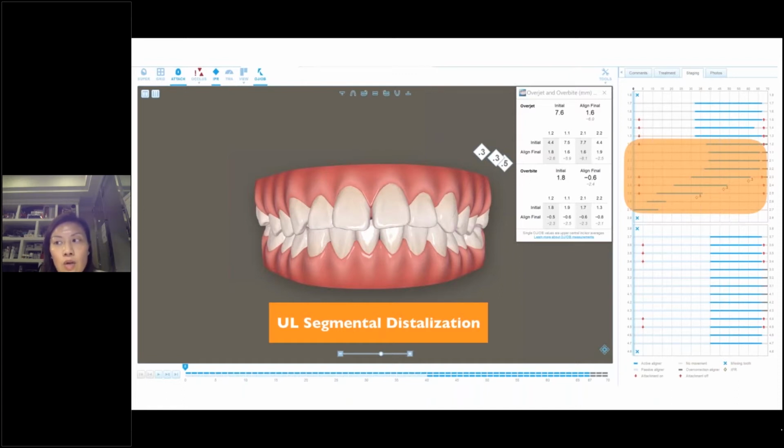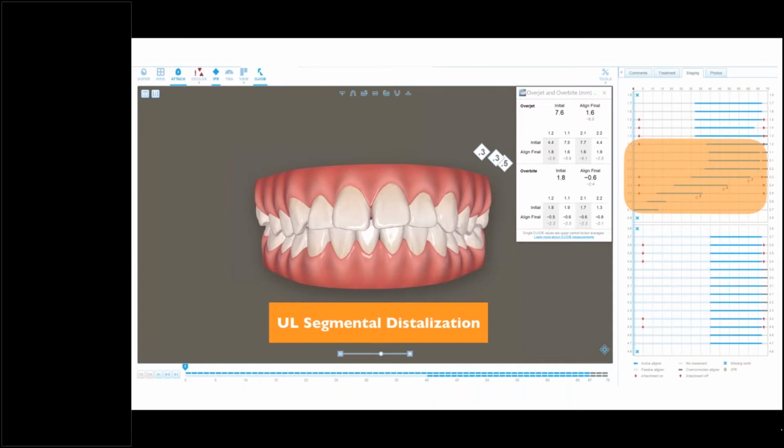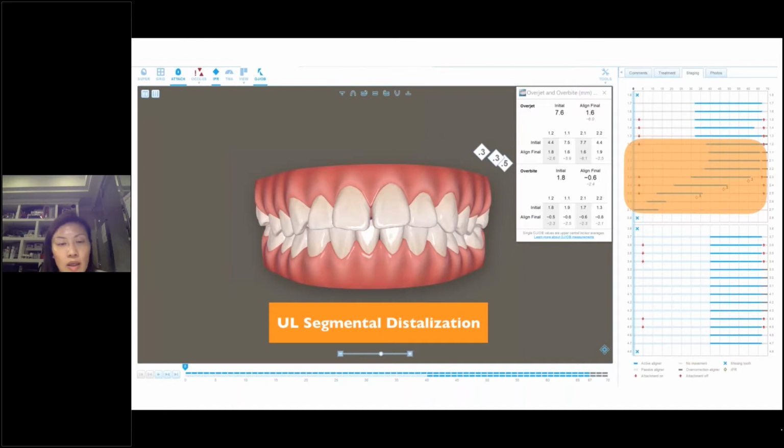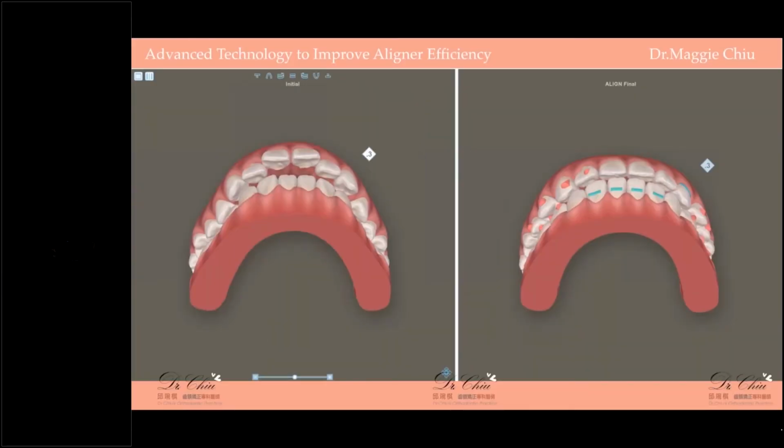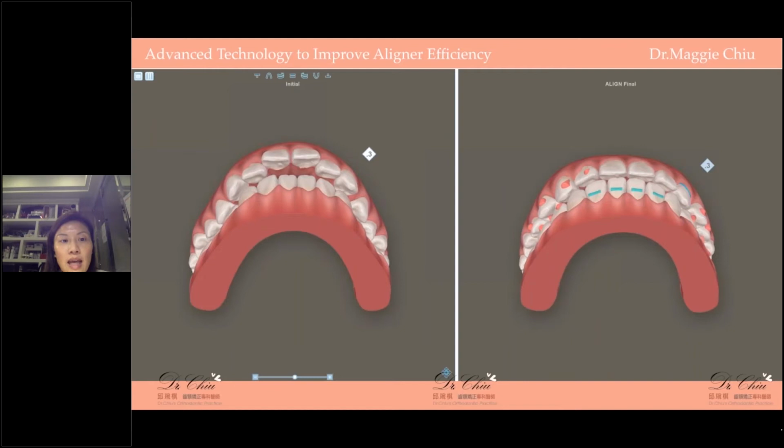As all of you know, with any doctors with aligner experience, segmental distalization takes time, and the tracking is also very critical. Sometimes you get a lot of tracking problems and open bites after a series of aligners with distalization protocols. So this is the overjet to start with, and this is the final that we want to get.